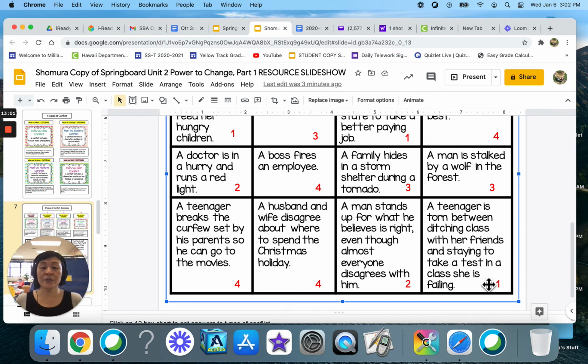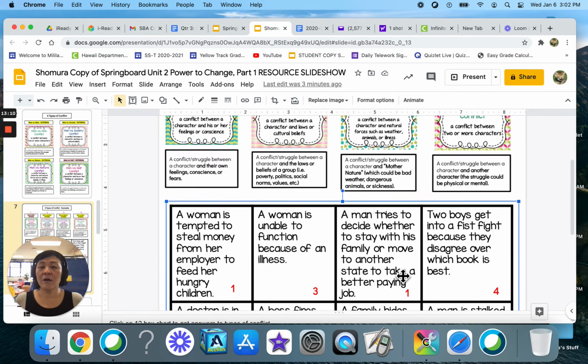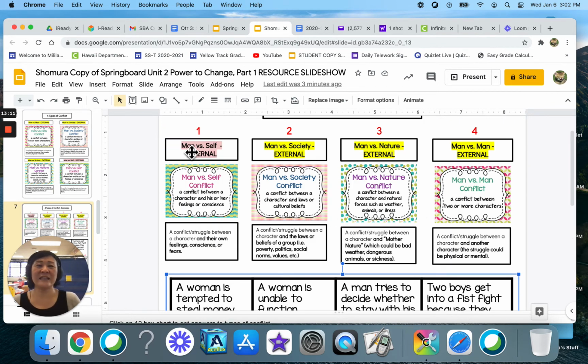It is the person trying to make a decision for themselves. Now, I just want to point out, I know these all say man. It doesn't mean men. The man is short for human. So it could be females too. So don't get that confused in your head.